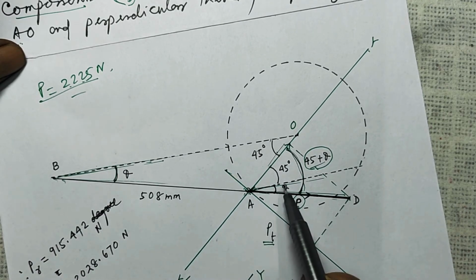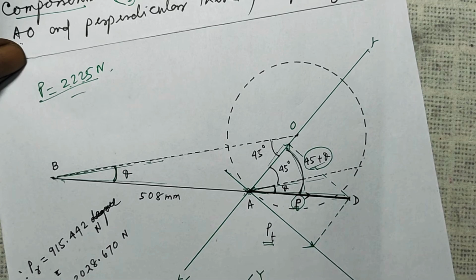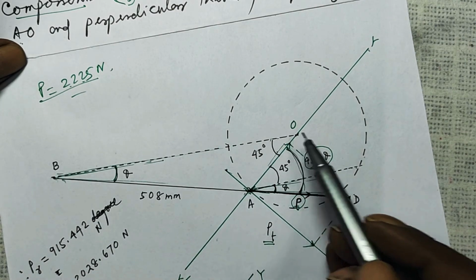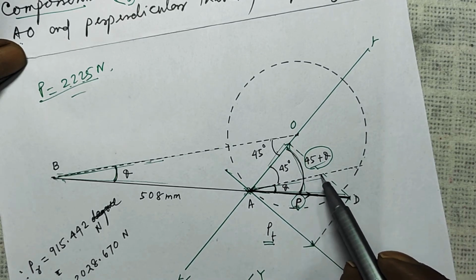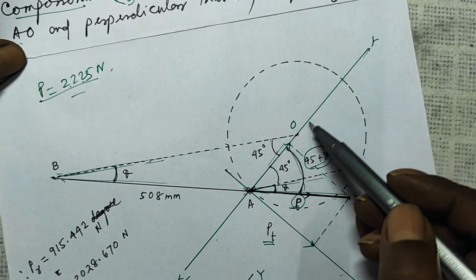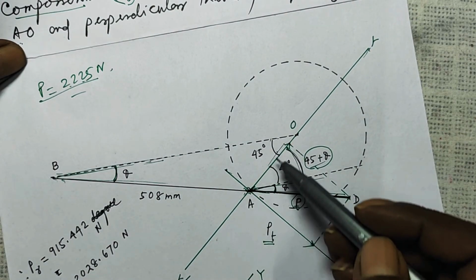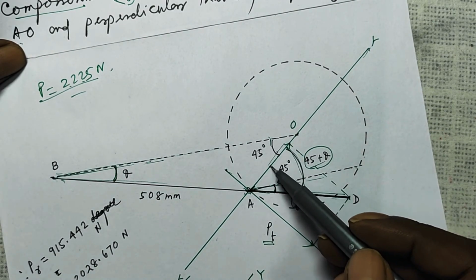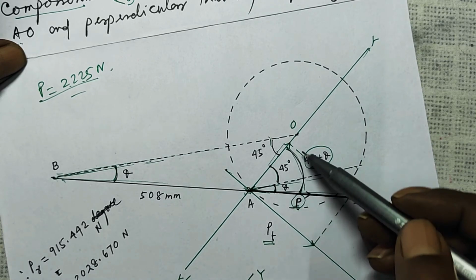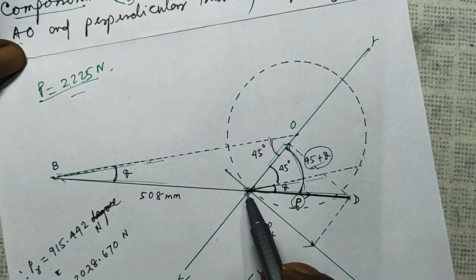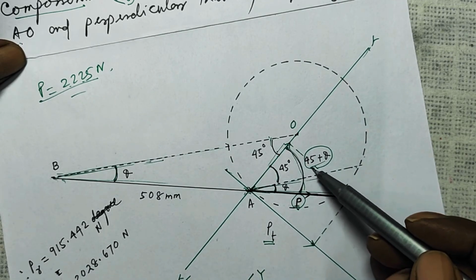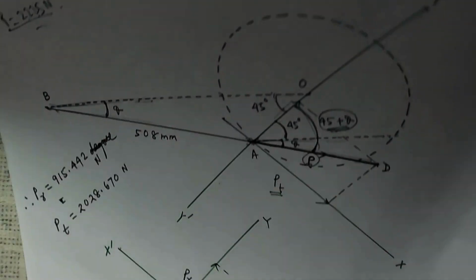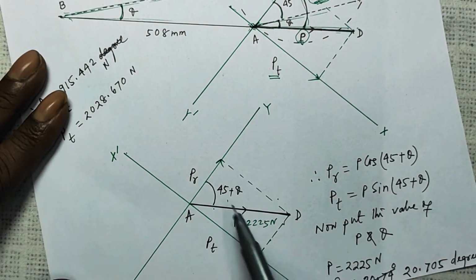So if this angle is theta, this angle is theta, and theta we calculated in the previous video. Then this dotted line is parallel to this dotted line, and the y-axis is the transversal. This angle is given as 45, so this angle is 45, alternate. So the total angle between the P vector and the radial component is 45 plus theta. That is what I have shown here.